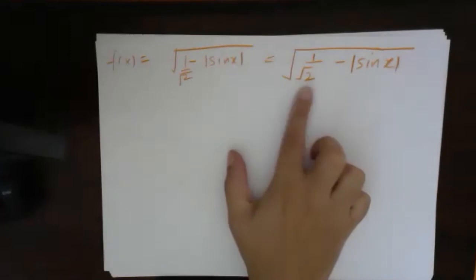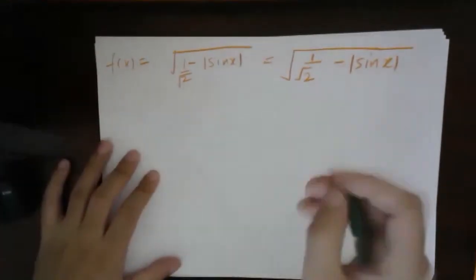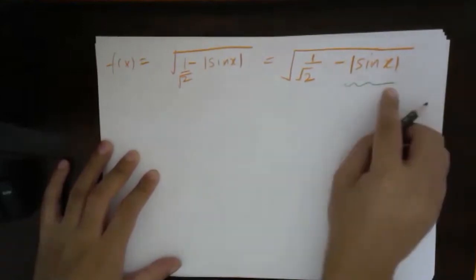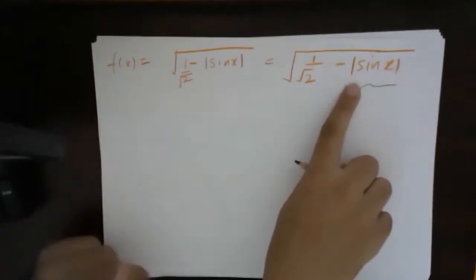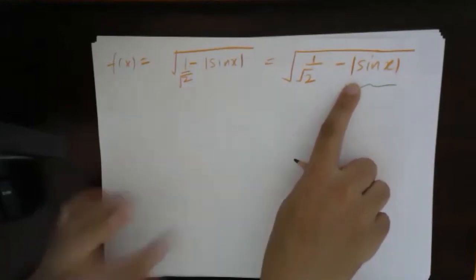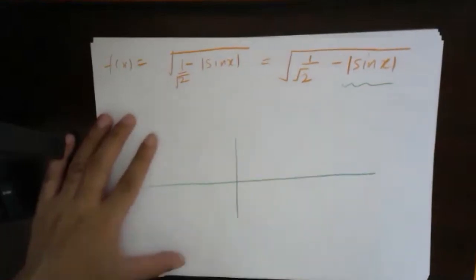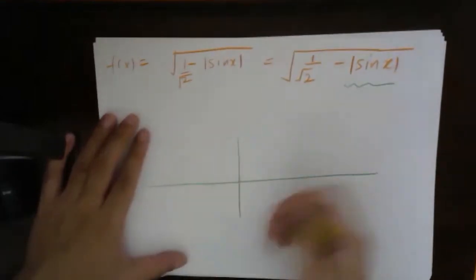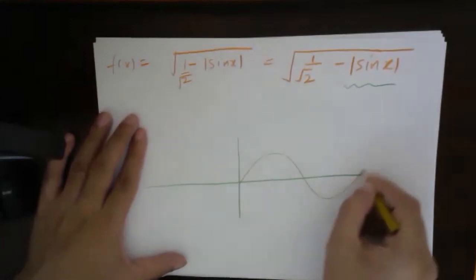Okay, so let's solve this one. Basically for this one, we have a mod of sin x. So first we'll draw the graph of mod of sin x. I will draw sin x first, and then on the same graph I will draw mod of sin x. So sin x is something like this.